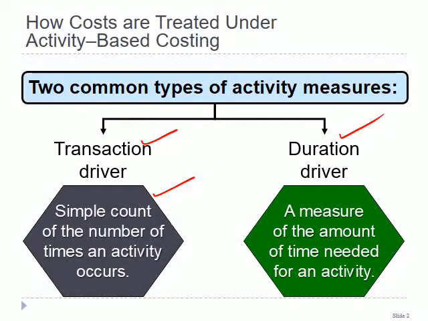How many transactions occurred. And a duration driver measures the amount of time needed for an activity, such as how much time is spent preparing the individual bills. So there is a transaction driver and a duration driver.